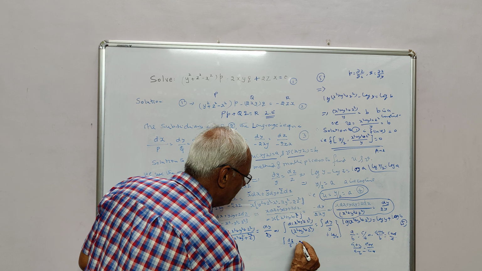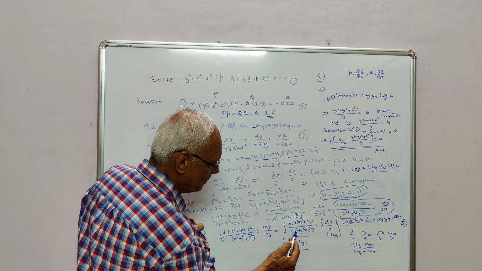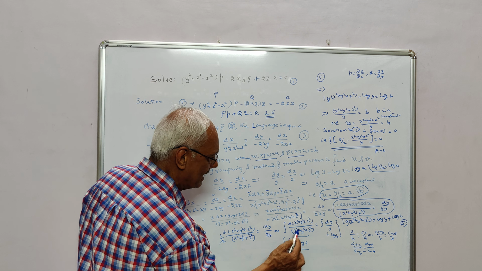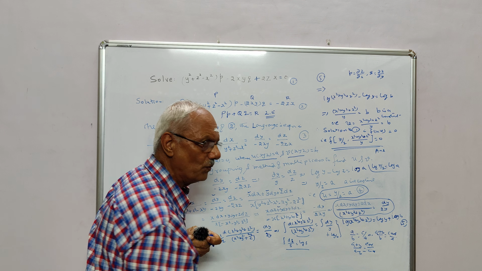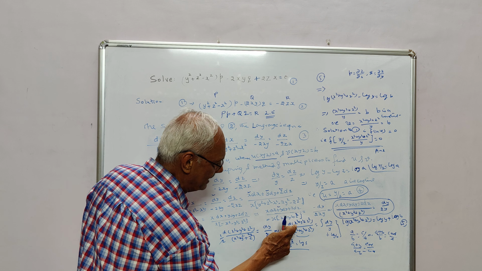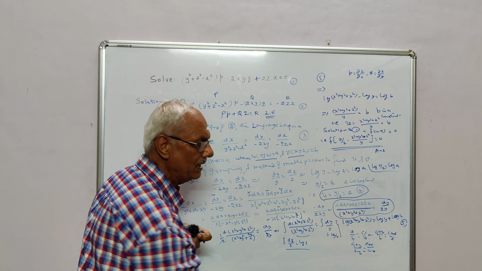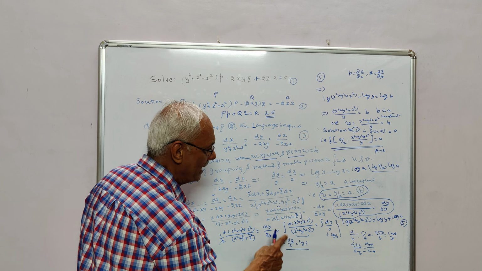What is the integral of this? This is log s. So if you take this x square plus y square plus z square as s, this is of the form ds by s, and this is dy by y, as you know very well. Now, you know about this integral, but you have to identify this. Take this x square plus y square plus z square as s. So you get it as ds by s. The integral value of that is log of s, and this is log of y.